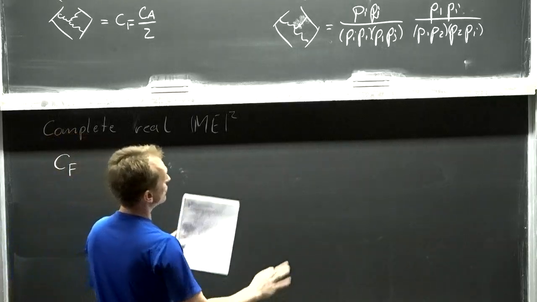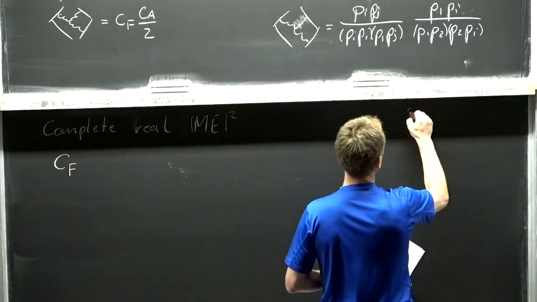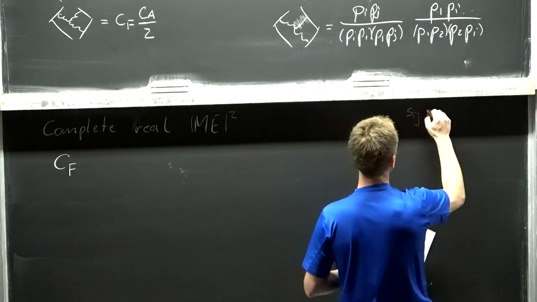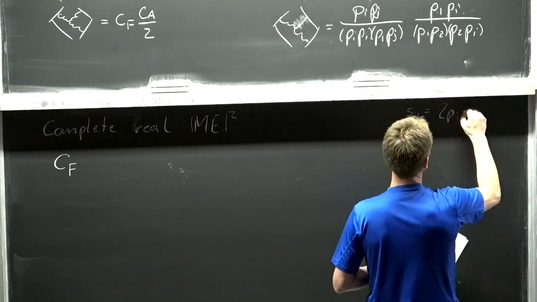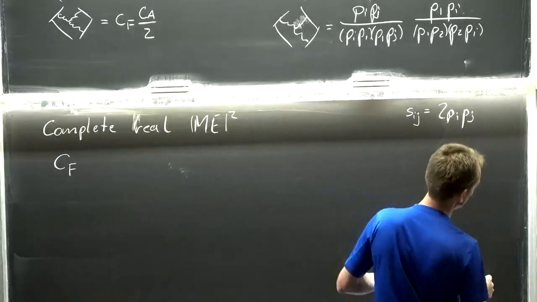And for convenience, I will write S_ij as 2 p_i p_j. Oh, the light's not on, right? Yeah, okay, thanks.